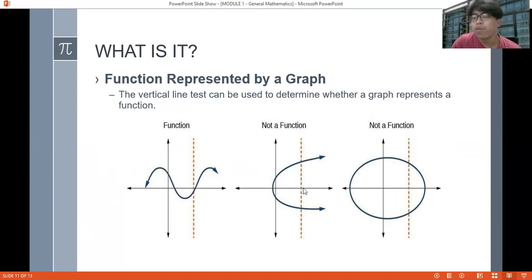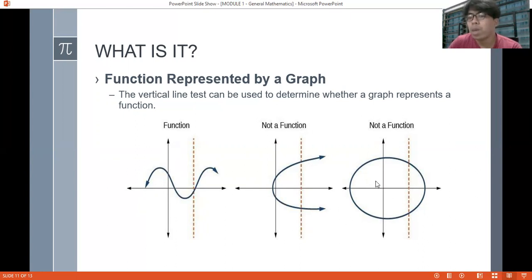Like in the second graph, we have a parabola here, and the vertical line test passes through the parabola twice. Meaning to say, this parabola is not a function.